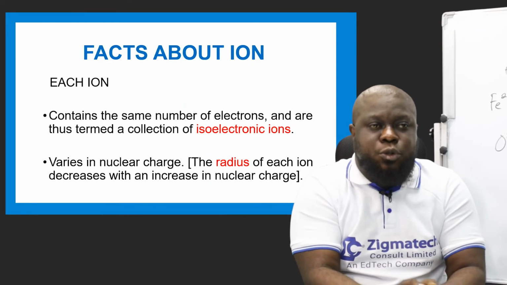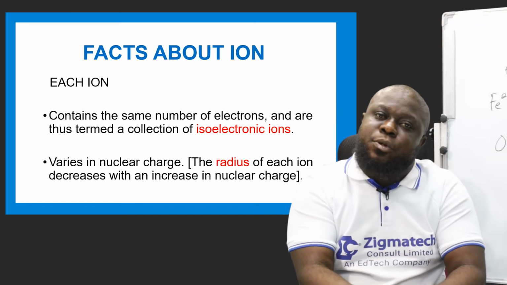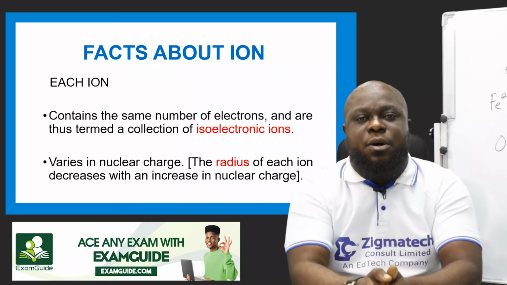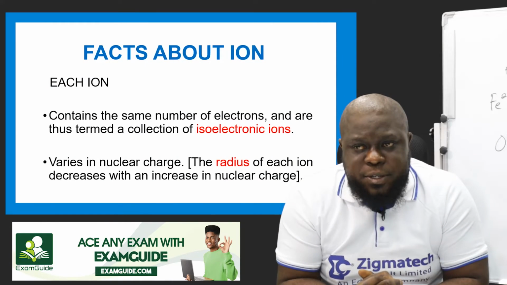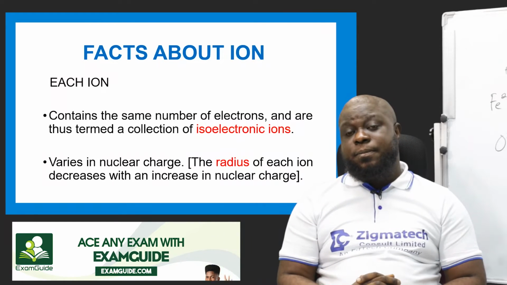The proton wants to meet the electron for it to have a charge, and the electron wants to meet the proton for the charge to come out. And when this comes out, nuclear energy will take place. They say the radius of each ion decreases with an increase in nuclear charge.